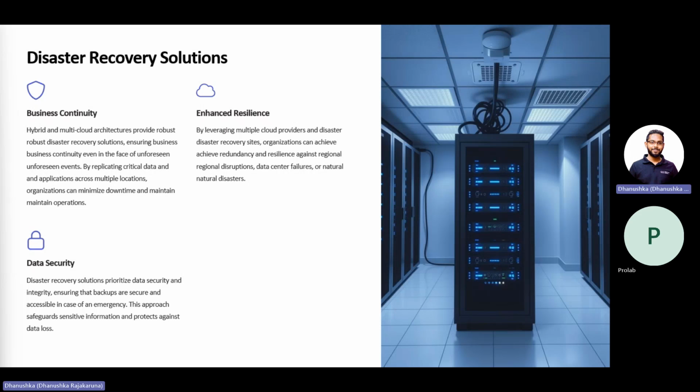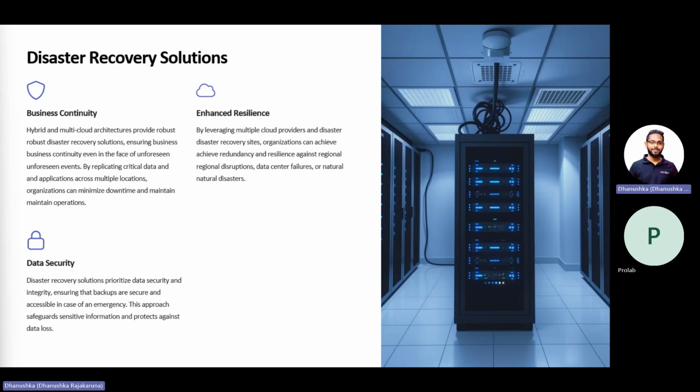The challenges: cost management will be a challenge for this. We can use cloud-based pay-as-you-go DR services. For different regulations across regions, we can use geofencing and region-specific compliance solutions.